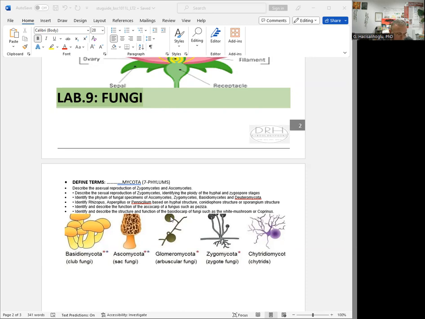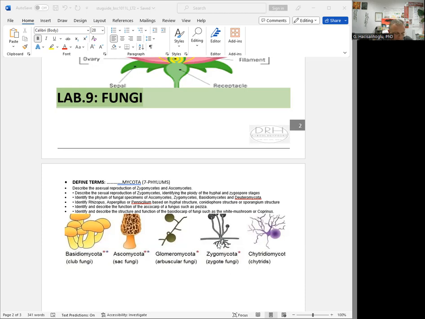There are 6 really big phyla under this. You see some of them here, like Chytridiomycota, the chytrids. Zygomycota is the phylum which has bread mold.